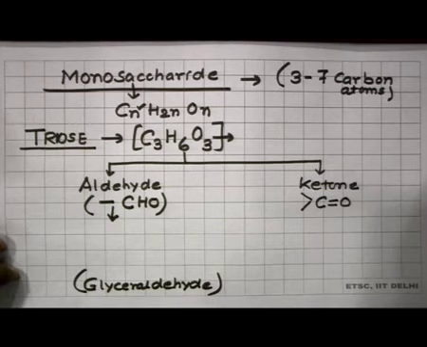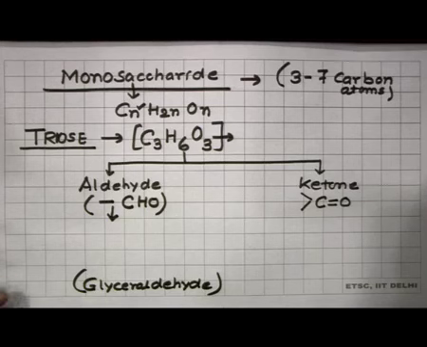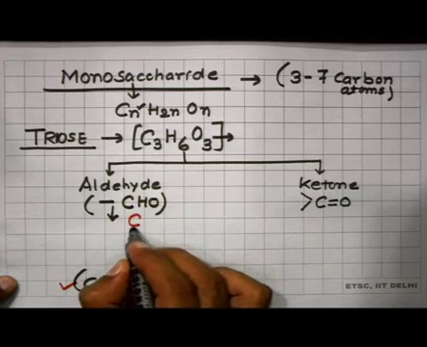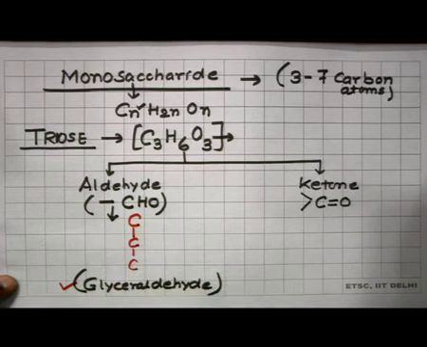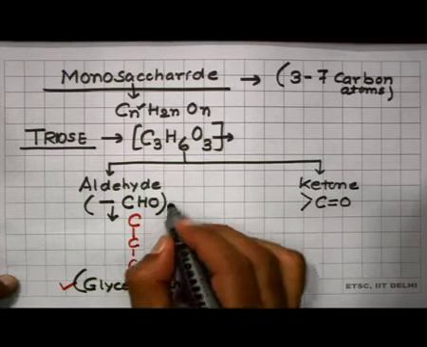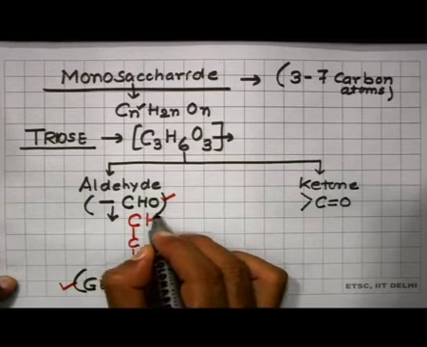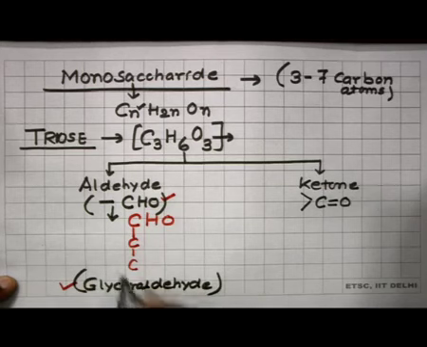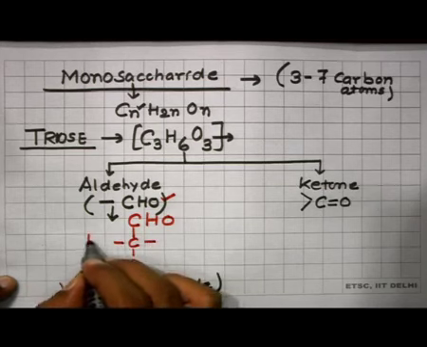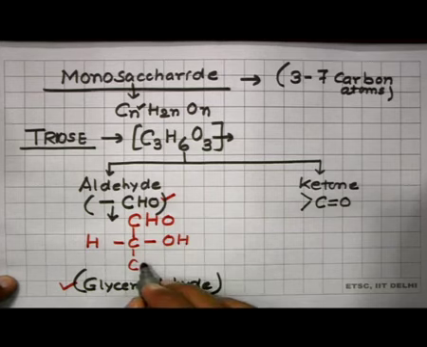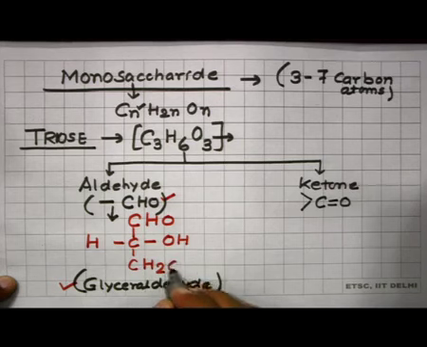At the time of writing the structural formula of glyceraldehyde, we know that glyceraldehyde has 3 carbons. So, we easily write C, C, C. These are the 3 carbon atoms and 1 carbon atom has the CHO group, the aldehyde group. Now, here H and OH. At the third position of the carbon, it is CH2OH.